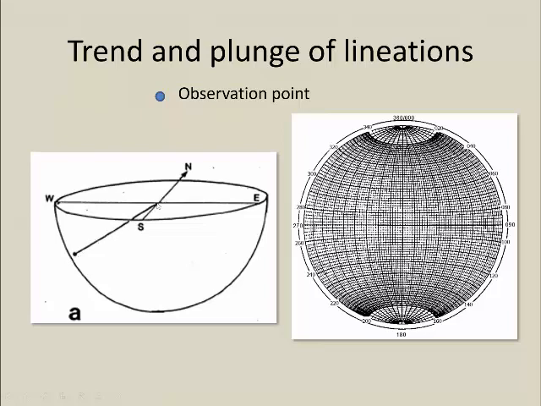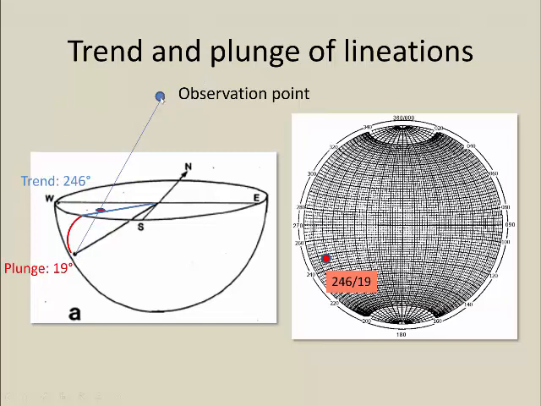We imagine it starts in the center of the Stereonet and extends further down until it hits the lower hemisphere. We can imagine a line from our eye, from our observation point, to the intersection point on the lower hemisphere.